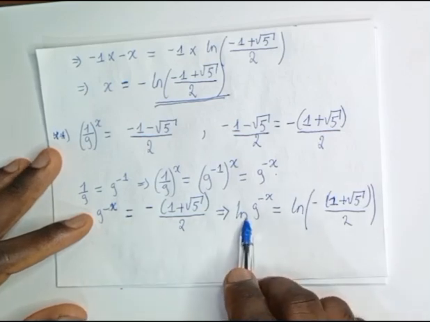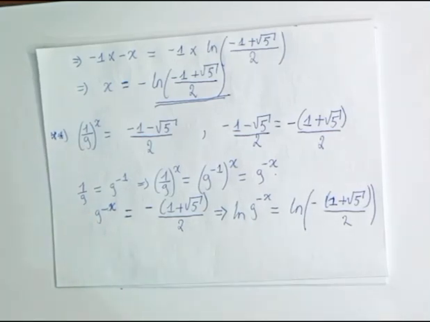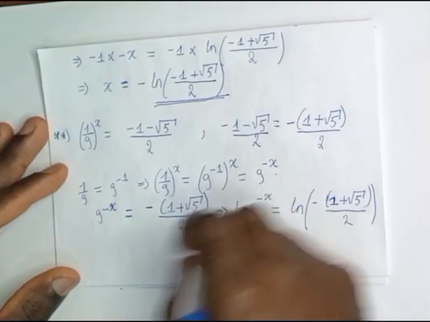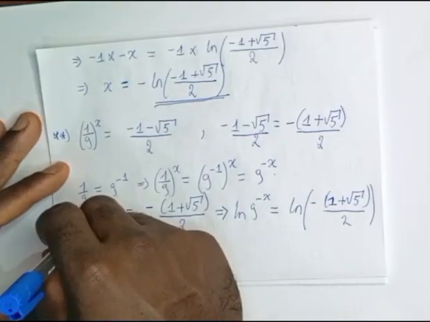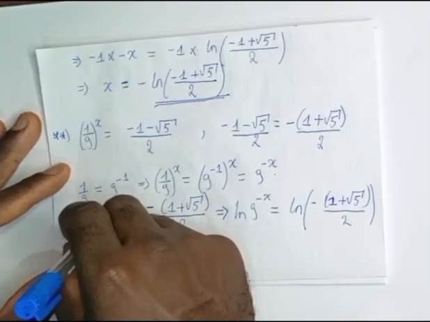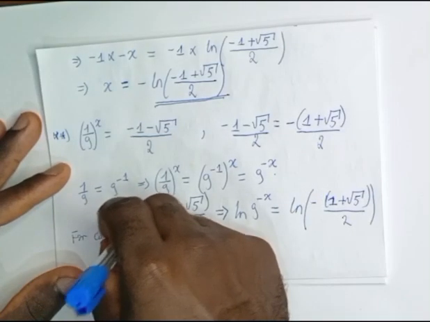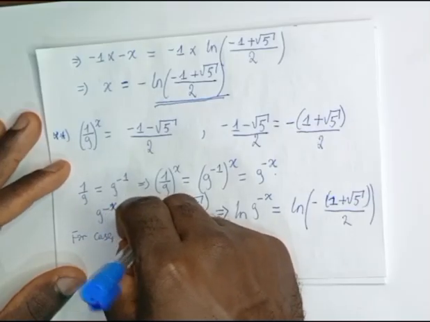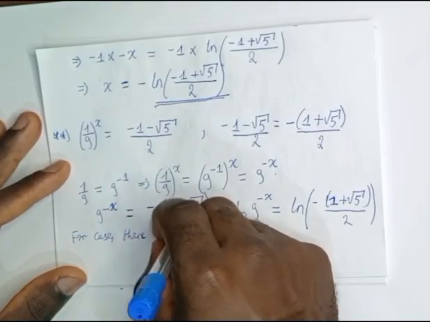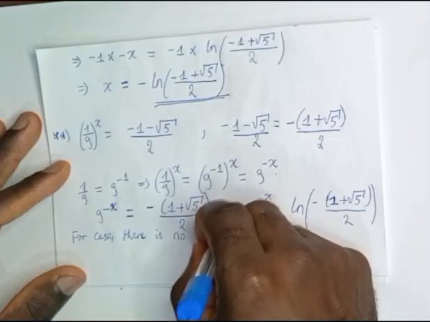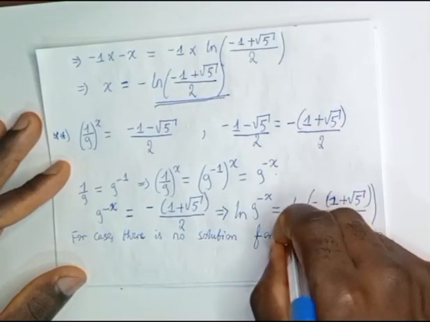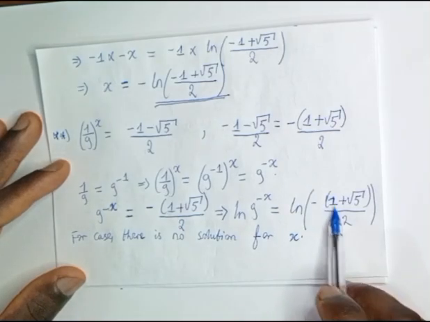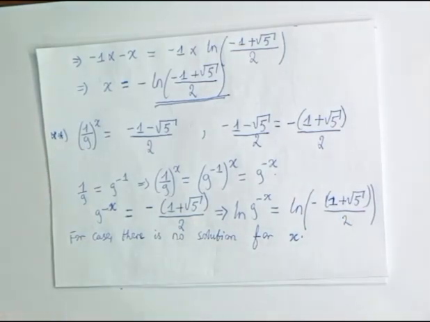That means for this case, the value of x does not exist. There is no solution. Here we are just going to write down for 2 star, there is no solution for x, because we cannot take the ln of a negative number, it does not exist.